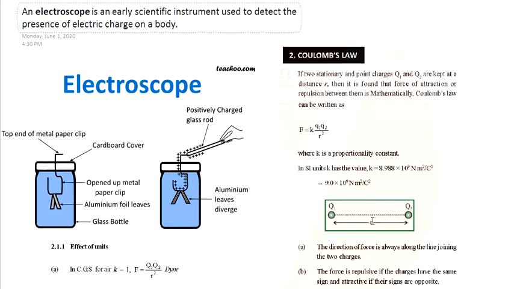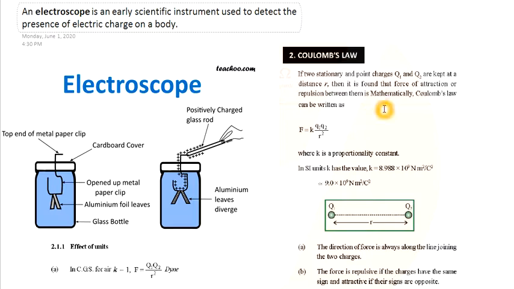It means some kind of force is acting on them. So we are going to find the magnitude of the force and its direction. We already know that force is a vector quantity, having both magnitude and direction.